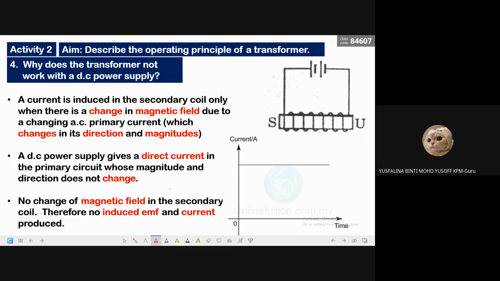Because the primary coil is only one way, it's direct. You don't have the changing of magnetic flux direction there. So how can the secondary coil have the changing of magnetic flux if the primary is not having the varying of magnitude and direction?